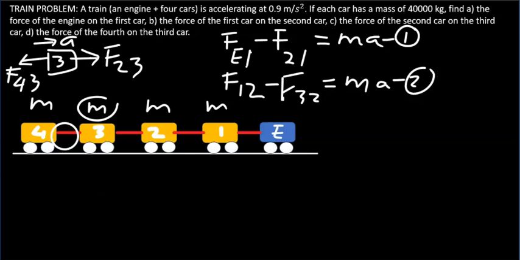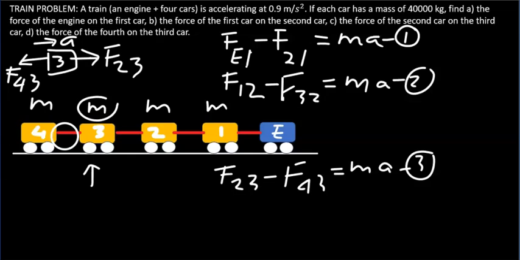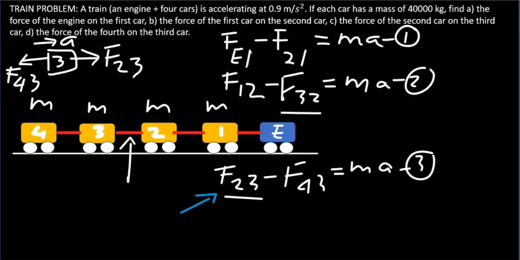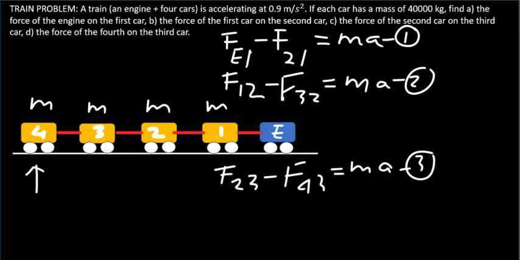Again, applying Newton's second law for car 3, we get F23 − F43 = ma, and that is equation 3. Again, F23 and F32 are the same, because that happens in this link. F on 3 by 2 goes that way, and F on 2 by 3 goes that way. Now the final free body diagram, namely car number 4.